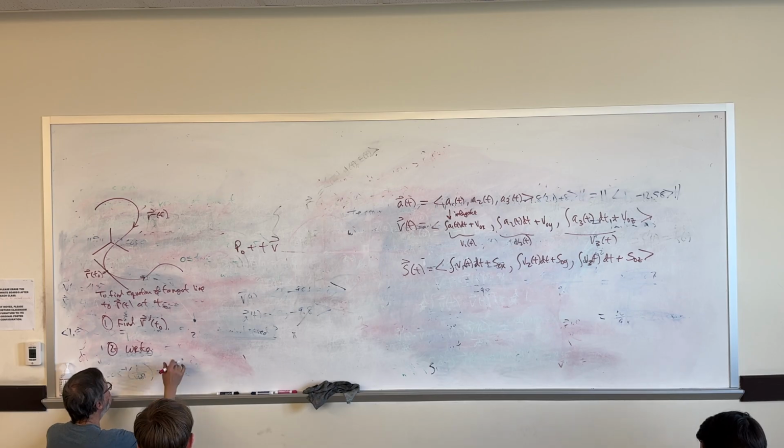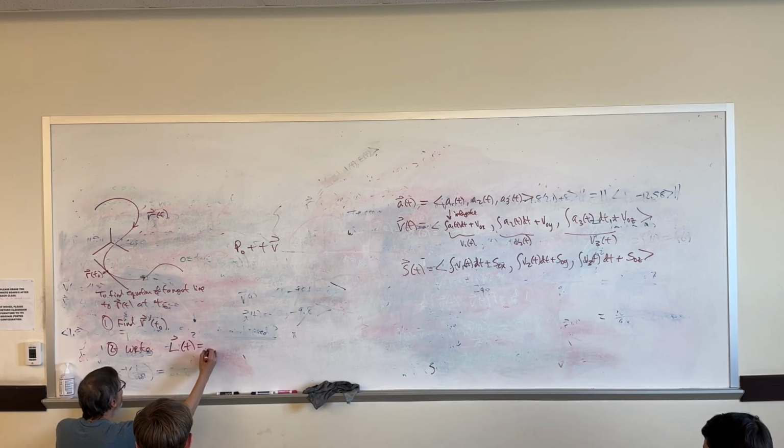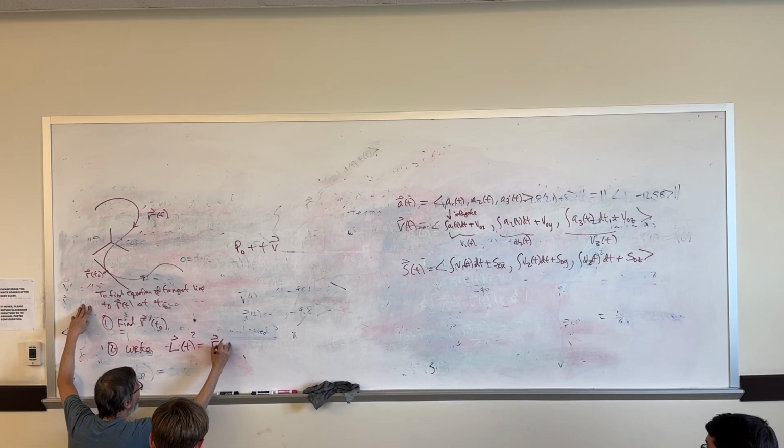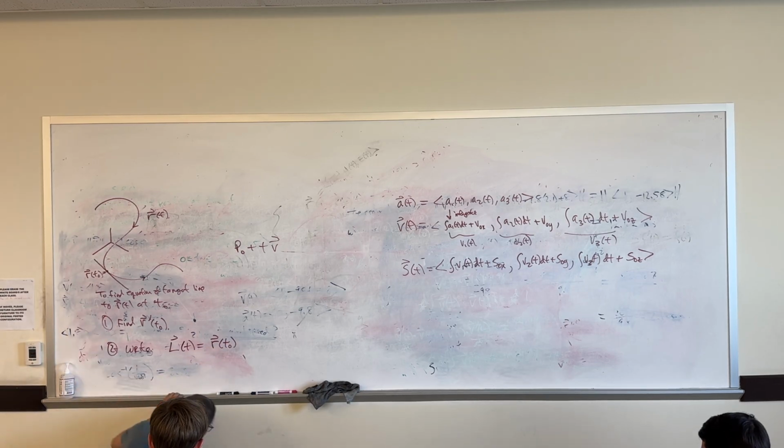I'll show you what I mean by it's subtly different. So write L. This is going to be a vector valued line function of t equals the point of contact plus t minus t naught times r prime at t naught.